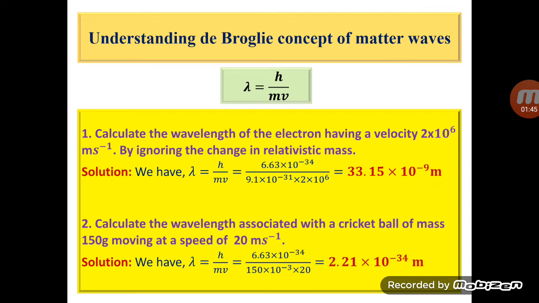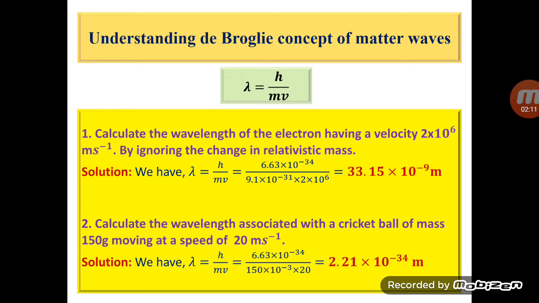In the first problem, the mass of the electron is insignificant. So that's why the wavelength is significant. But whereas in the second problem, the mass of the cricket ball is significant. That's why its wavelength is insignificant.